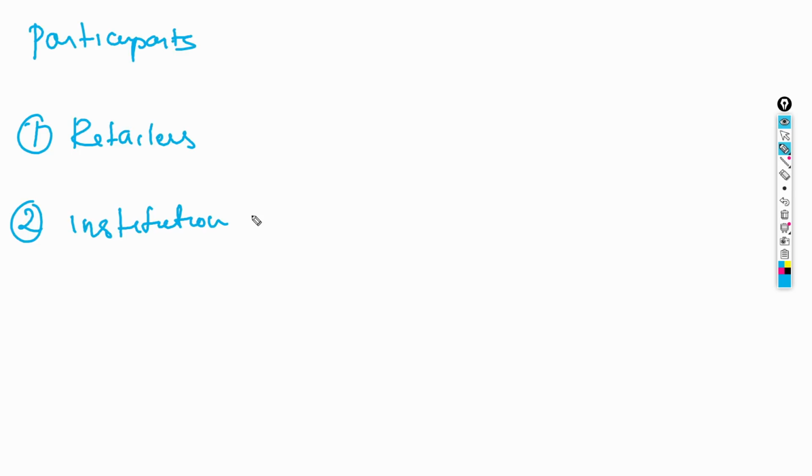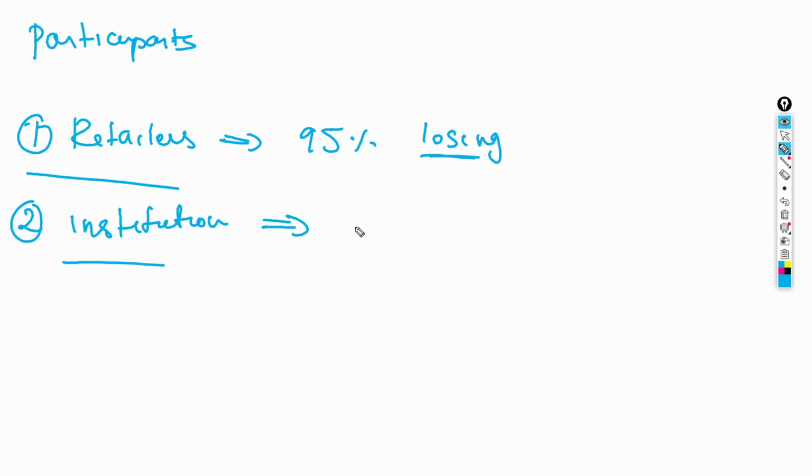It is a known fact that usually 95% of retailers end up losing money, right? So if retailers are losing money, then who must be making money? There are only 2 participants in the market. If one participant is losing money, since trading is a zero-sum game, the other participant, that is the institutions, will end up making money.